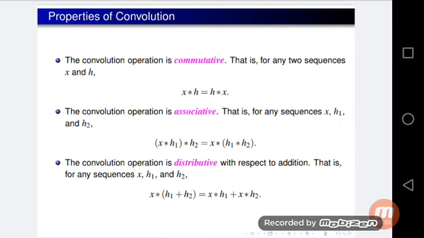Today we are discussing the properties of convolutions. The convolution operation is commutative, that is, for any two sequences h and x.